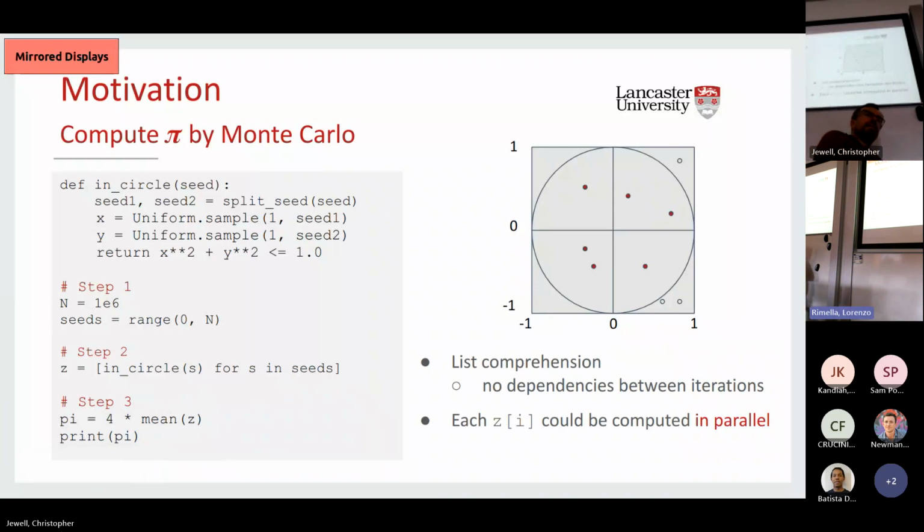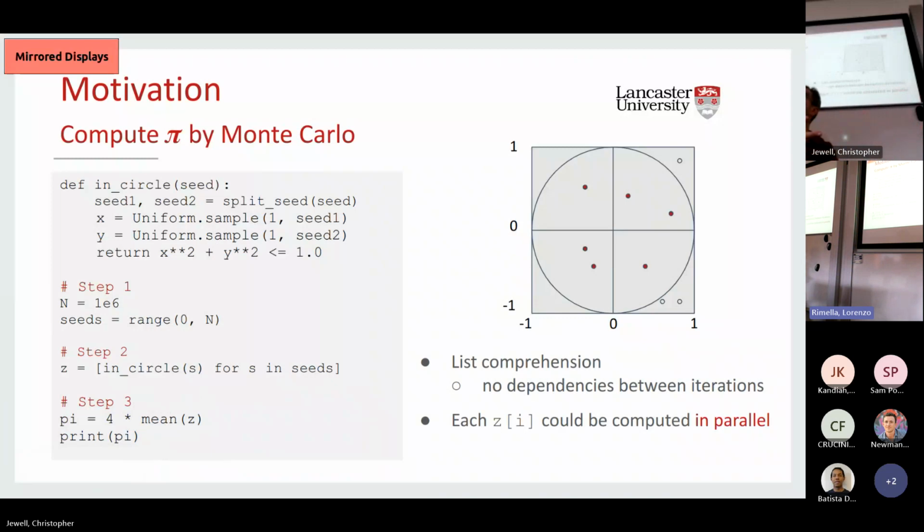And I'd use that index to index, first of all, the seeds vector, and then to index into some kind of storage array for my results, which might be Z. So i equals 0, i equals 1, i equals 2, etc. Now, the point about that for loop is that none of the loop iterations depend on each other. Iteration 1 doesn't depend on iteration 0. Iteration 2 doesn't depend on iteration 1. So on and so forth.